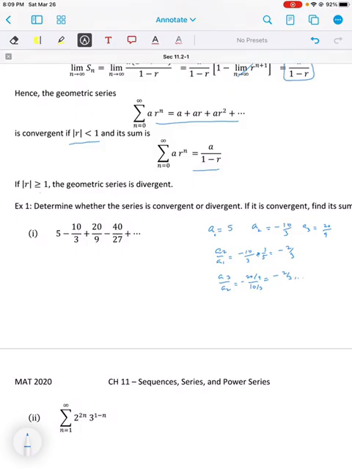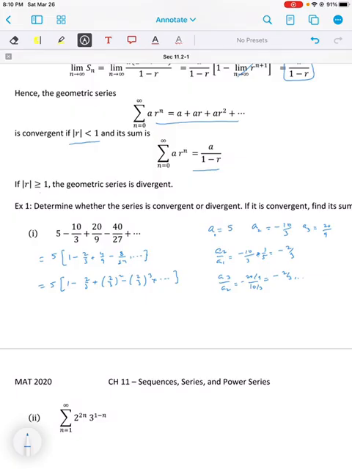You can also see it by factoring out the 5, and you get 1 minus 2 over 3 plus 4 over 9 minus 8 over 27 and so on, which can actually be written as 1 minus 2 over 3 plus 2 over 3 whole squared minus 2 over 3 whole cubed and so on.